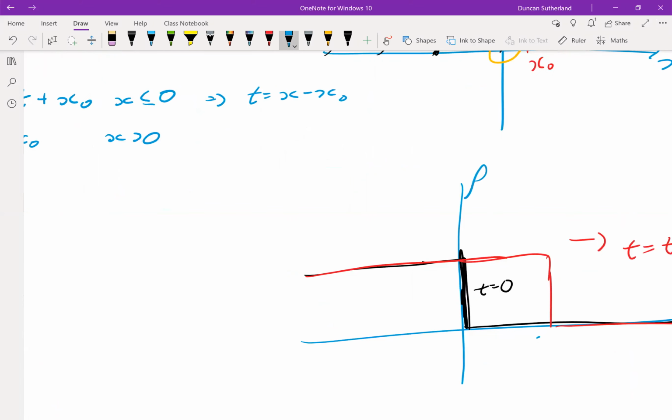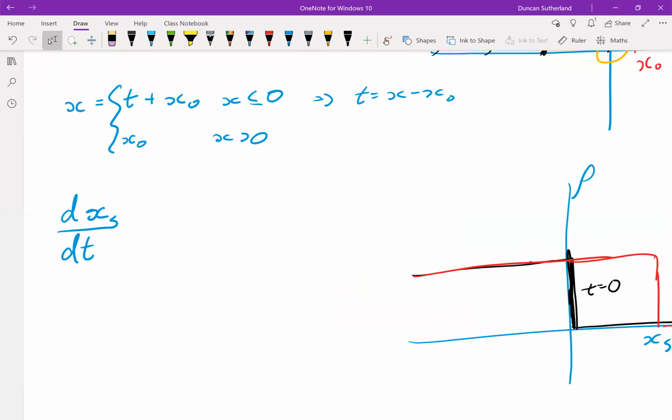So we're really tracking this x_s location, the location of the shock. The speed of this is the jump in the flow: the flow on the right-hand side of the jump minus the flow on the left-hand side, divided by the density on the right-hand side minus the density on the left-hand side, right?